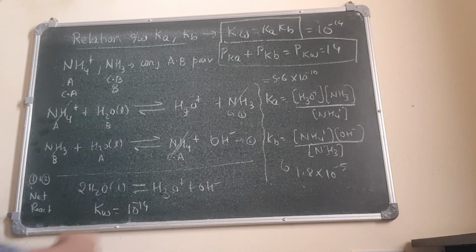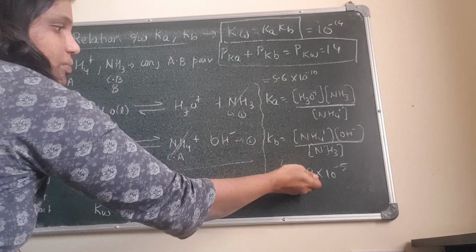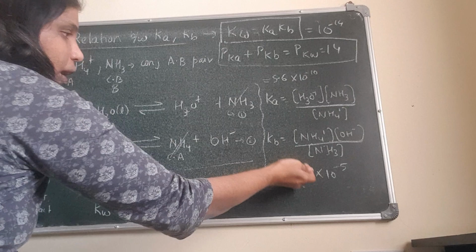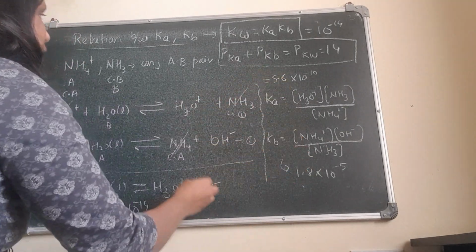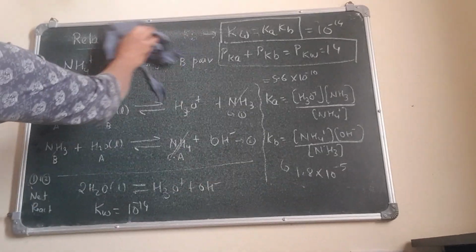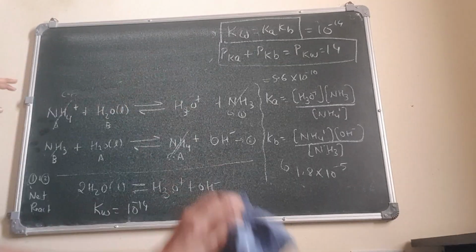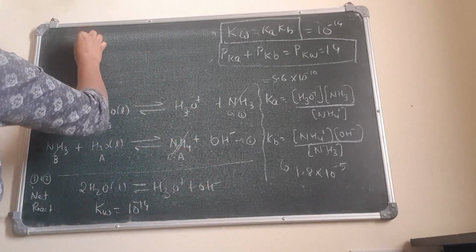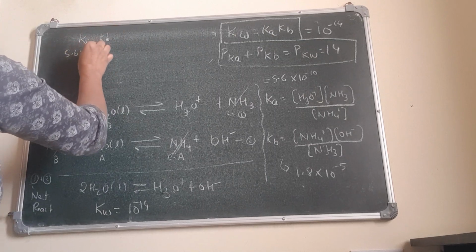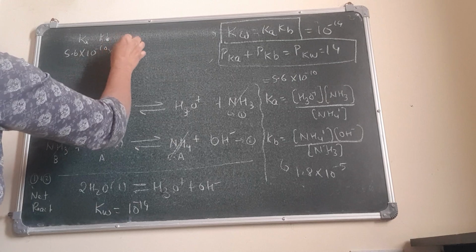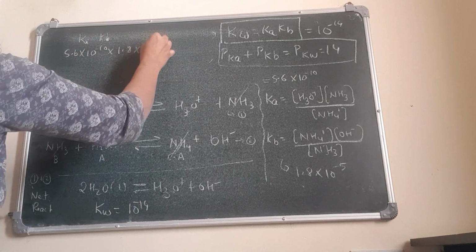Now, if you multiply these two, just for the sake of multiplying, let me write it here. Suppose I multiply Ka and Kb, that is 5.6 into 10 power minus 10 into 1.8 into 10 power minus 5.